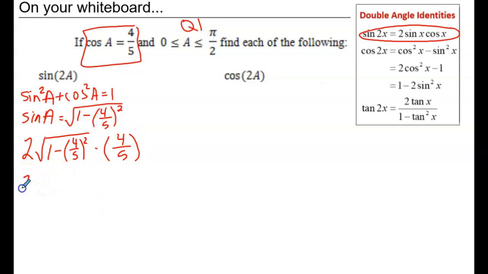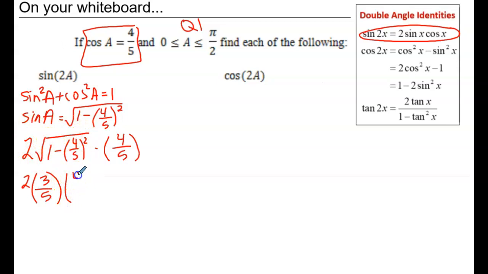So we're taking 2 times, and then 4/5 quantity squared is 16 over 25. So we're going to need to know the square root of the quantity 25 over 25 minus 16 over 25, which is 9 over 25, and the square root of 9 is 3, and the square root of 25 is 5. So the sine of A is 3/5.